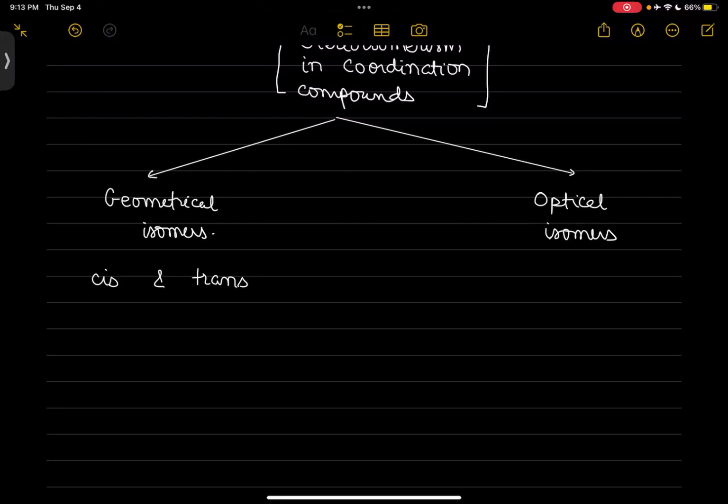Marwa, Jasleen, Aisha, tell me. What are optical isomers?